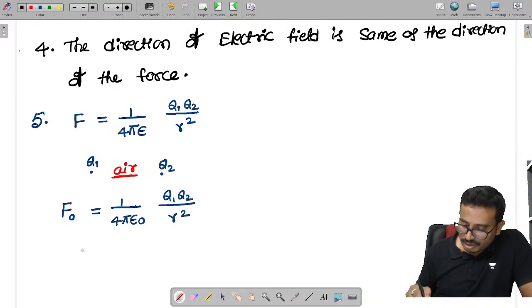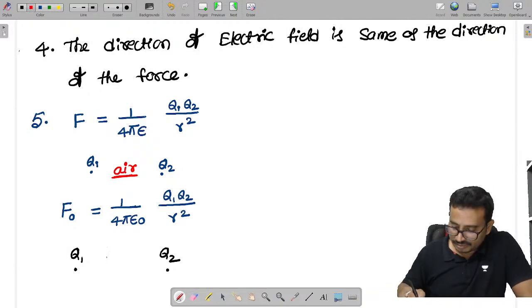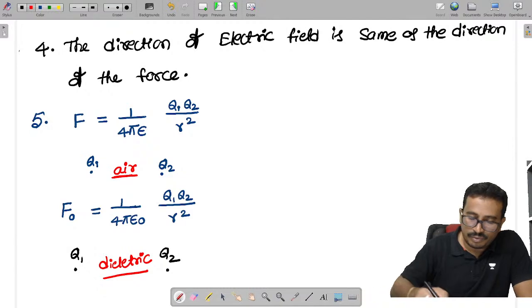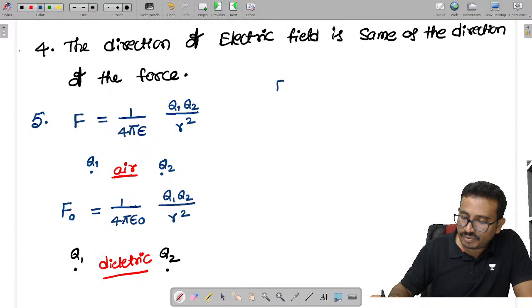Now we have the same two charges q1 and q2, but the medium between them is filled with some dielectric other than free space air. Now you tell me, what will the force between the two charges be?